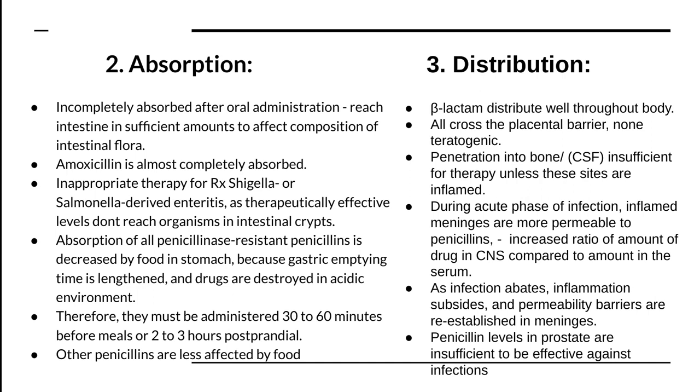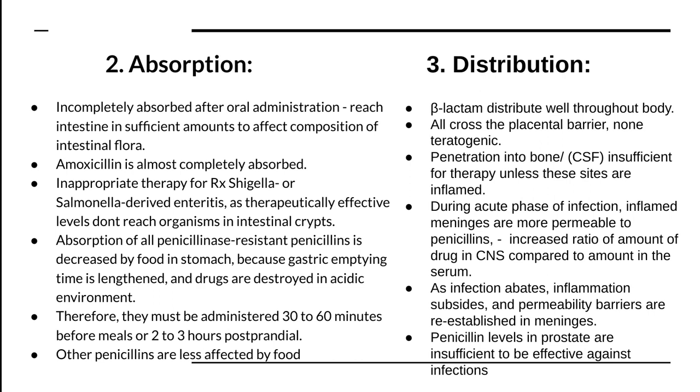And as far as distribution is concerned, they distribute well throughout the body. They cross the placental barrier, but like we discussed, it is safe. No teratogenic action will be seen. Penetration into bone and CSF is not good.